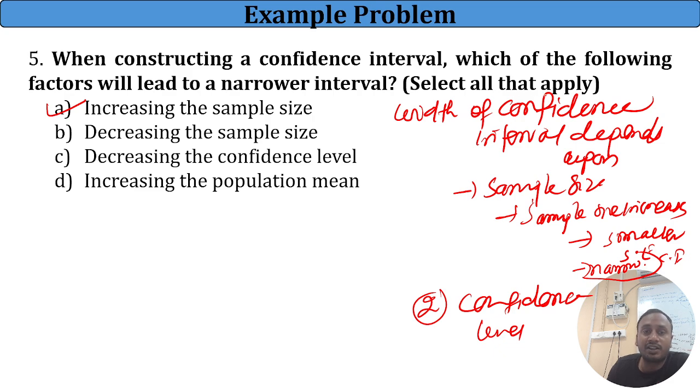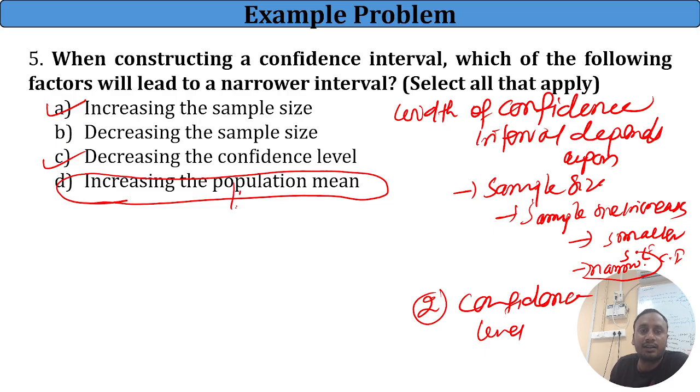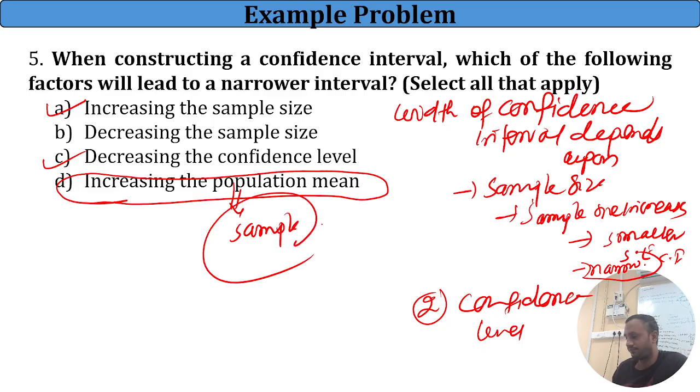When we decrease the confidence level, the interval will become narrow. Increasing the population mean is not going to affect much, because it's not going to change the width of the interval.